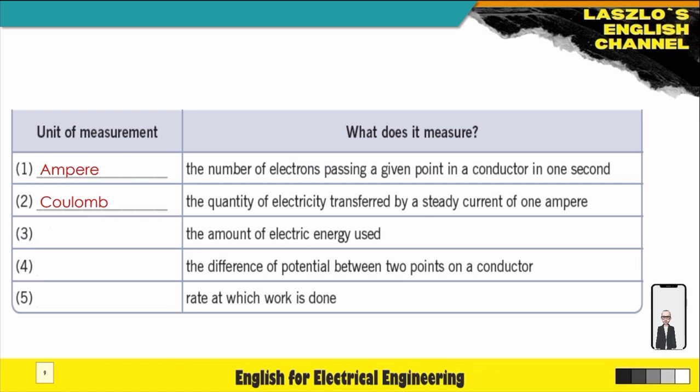The amount of energy used will be kilowatt. The difference of potential between 2 points on a conductor will be volts, and the rate at which work is done will be watt. Right, so these were our 3 texts to read and answer the comprehension questions based on.